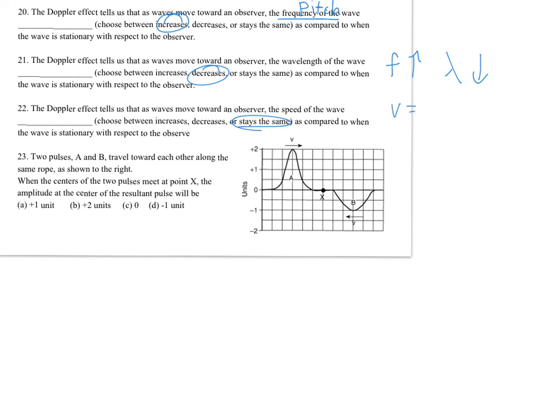If you look at our equation here, if you increase one of them, speed is going to go up. If you decrease one of them, speed will also go down. But if you increase one of them and decrease the other in equal fashion, then the speed will still stay the same. Okay?